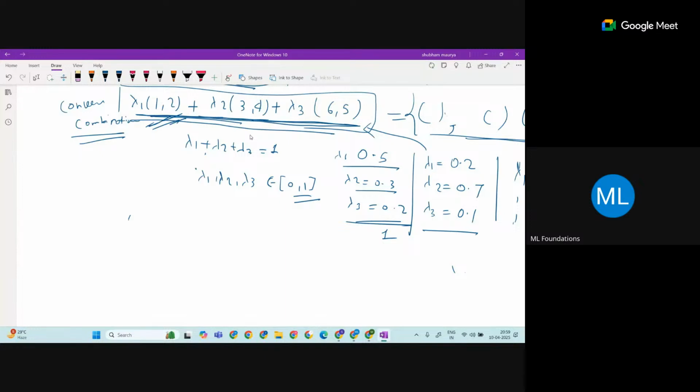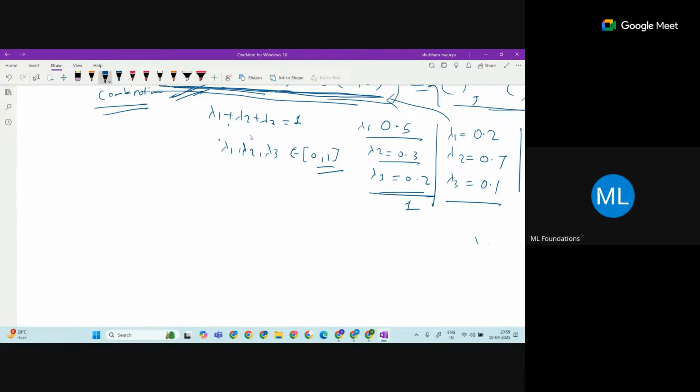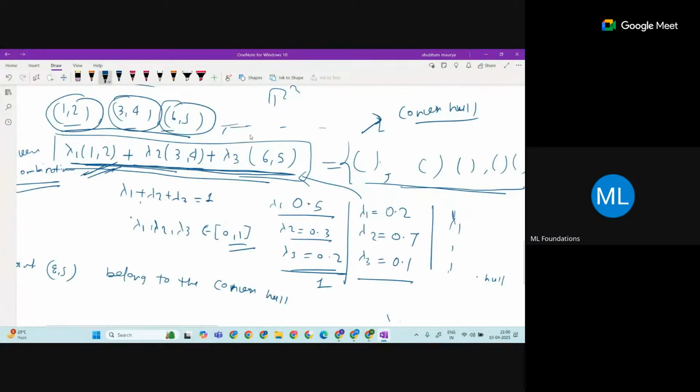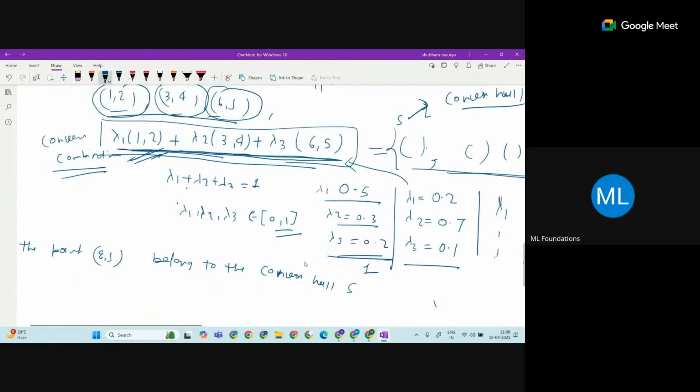Let's create a question here itself: is the point (8, 5) in the convex hull generated by these 3 points? Does (8, 5) belong to it?